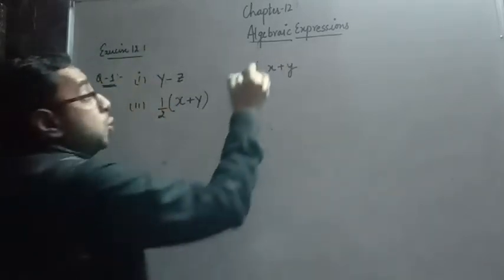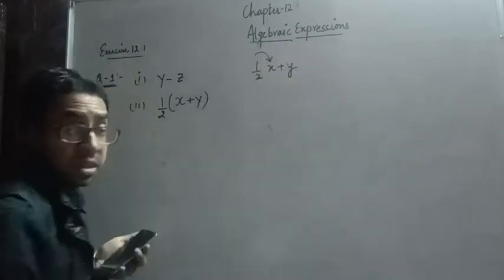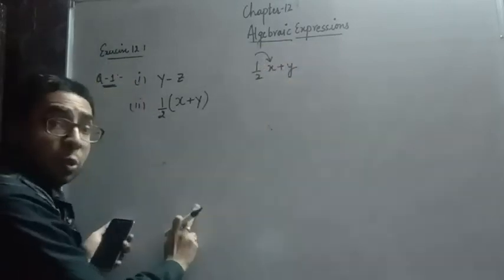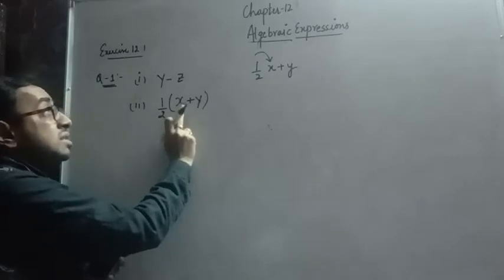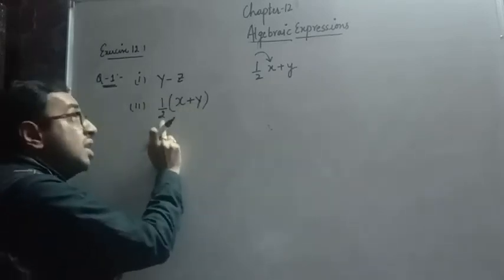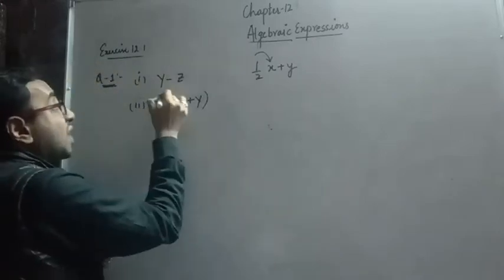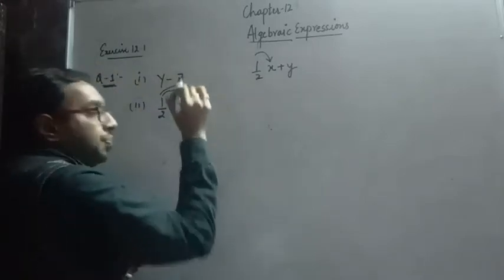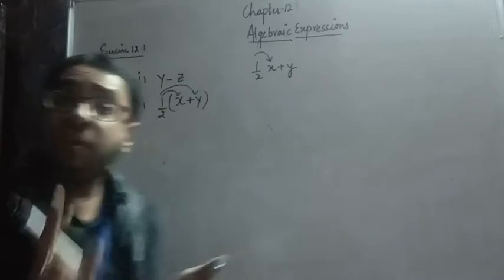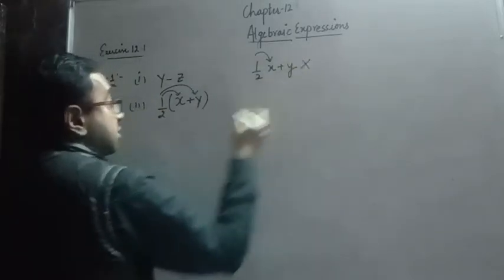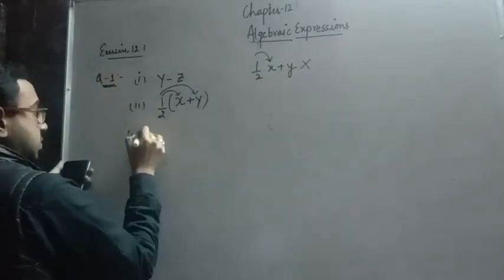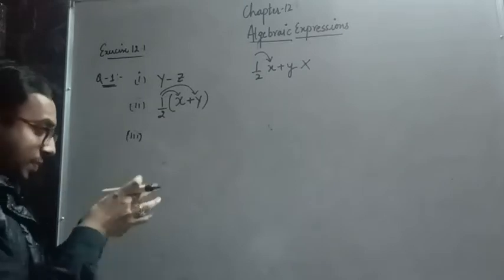But this means that you have halved only x, not y. But as per the question, the statement is sum of x and y and their half. That is why I have put x and y in the bracket so that this half can be equally distributed to them. Are we clear? This is very important. This is not the correct statement. Many students might be thinking that way.